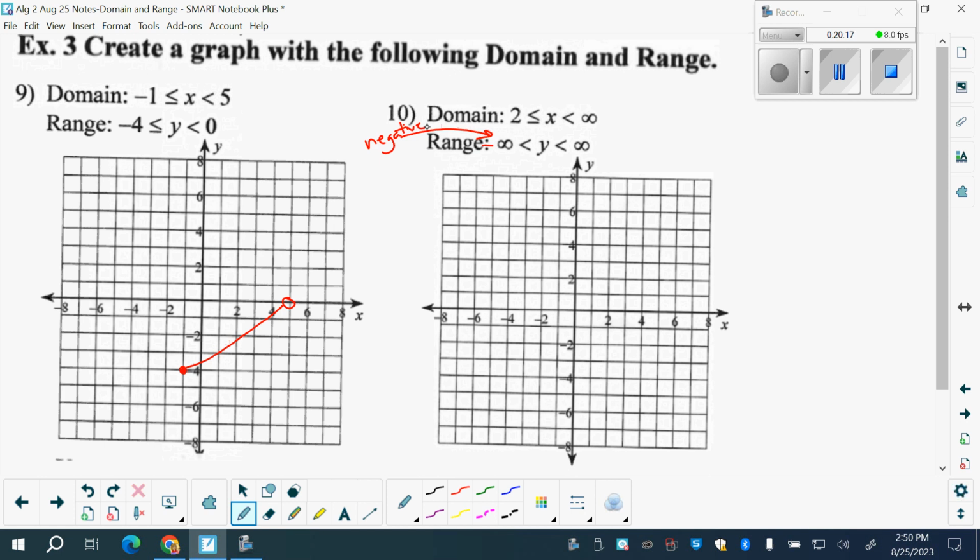Think about that. What do you think this graph should look like? Any idea what this might look like?